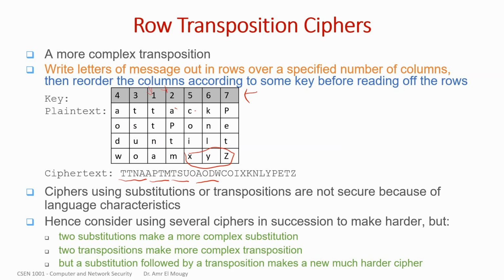And so the receiver must have the right key. The receiver will count the number of letters in the ciphertext and will then learn the number of rows, and they can write the letters in the columns according to the right order. So the receiver would have the right key, 4312567, and then the receiver will receive this.